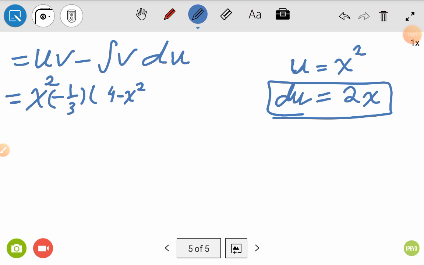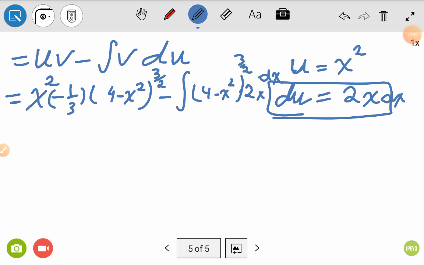And this all to the power of 3 over 2 minus the integral again of v, which we can write as, leave it as a rational exponent, 4 minus x to the power of 2, and this all to the power of 3 over 2 du, which is 2x dx, right? 2x dx.